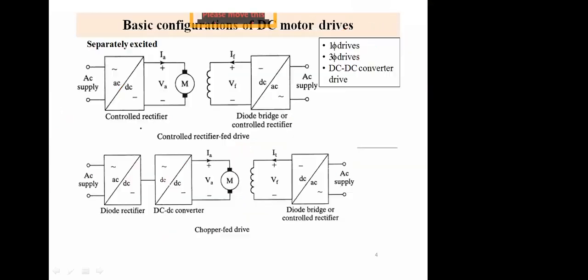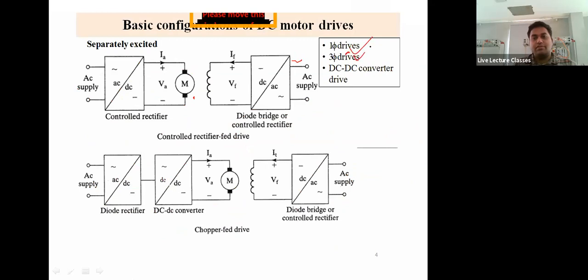Yes, sir. So it can be either single phase or three phase drives, right? And DC drives can also be run from a DC supply. In that case, first of all, get the DC.